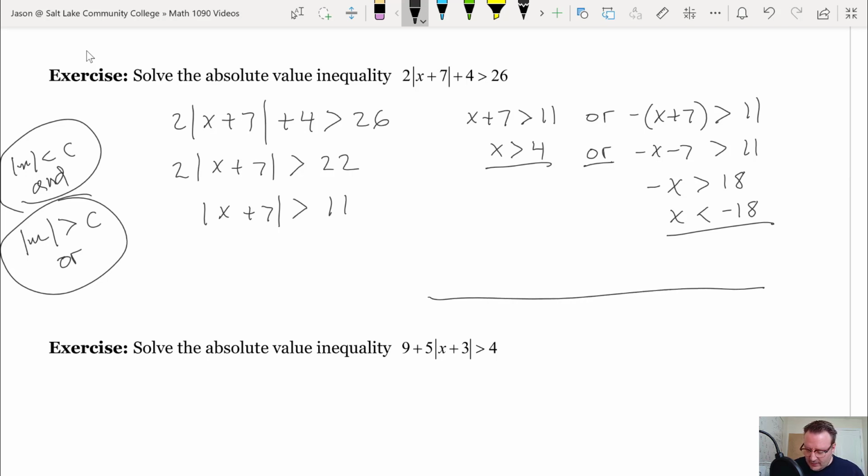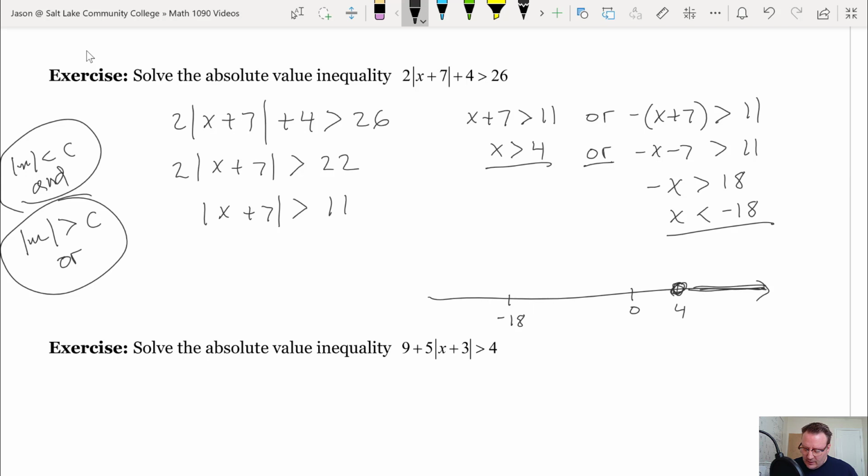I'll put my 0 here, and I'll put 4 here, and negative 18 would be somewhere around here. Okay, so I want greater than 4, and I want strict. So I'll do an open circle, and I'll shade this portion of the line.